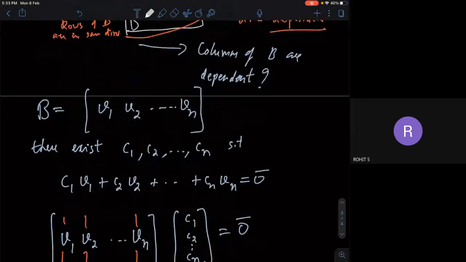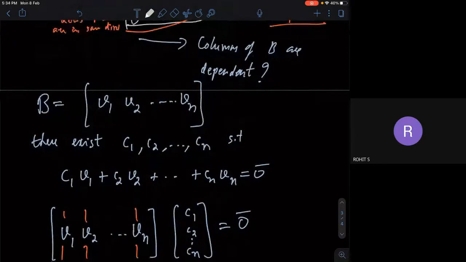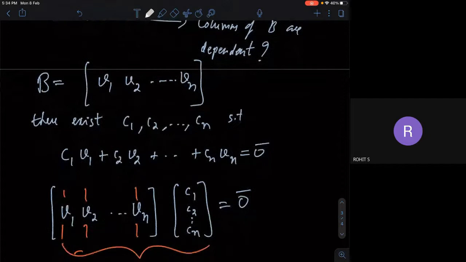So what are we saying? I'm saying if the columns of B are dependent, then there exist constants C1 to Cn such that I can multiply this matrix B with this vector to get 0.